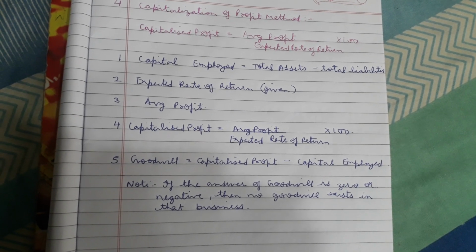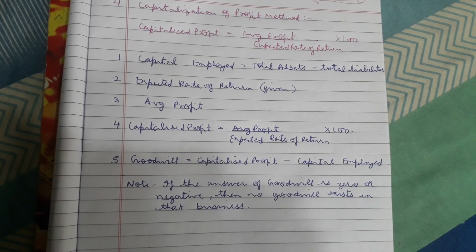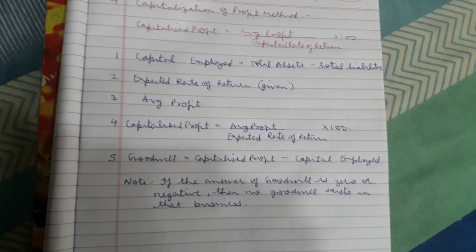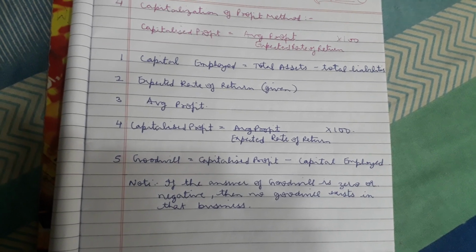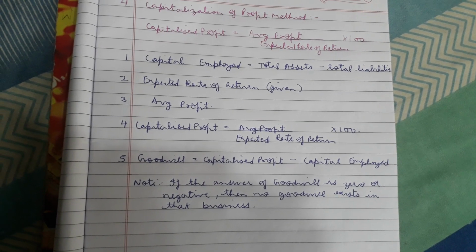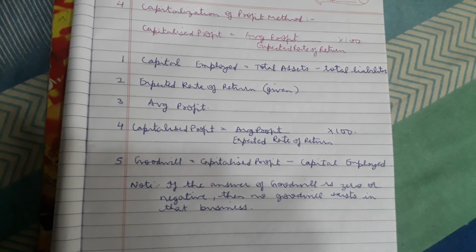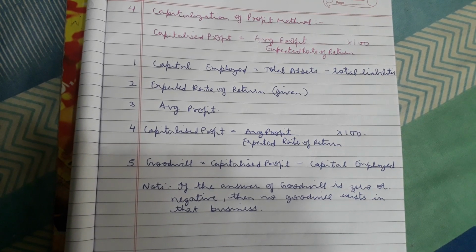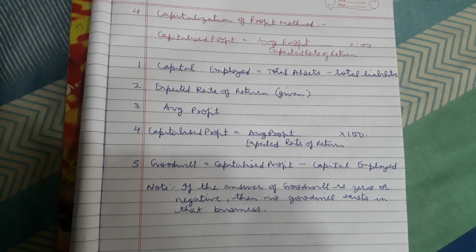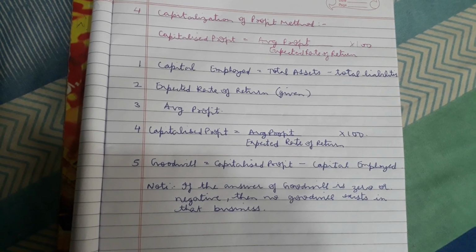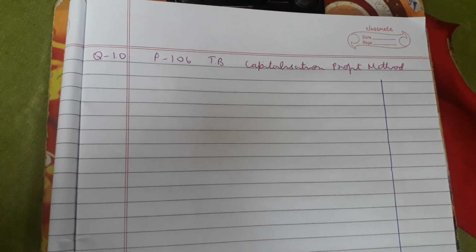Don't do the sum directly. You have to write down all the formulas first, then apply the values and get the answer. Then only you will get full marks in board. A 4 marks question is generally asked from this chapter, so you will get the 4 marks according to the steps. If you don't write the formula, marks will be deducted for that.